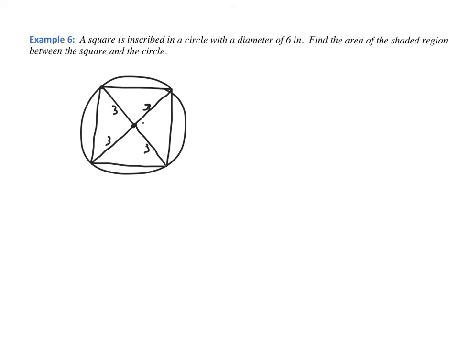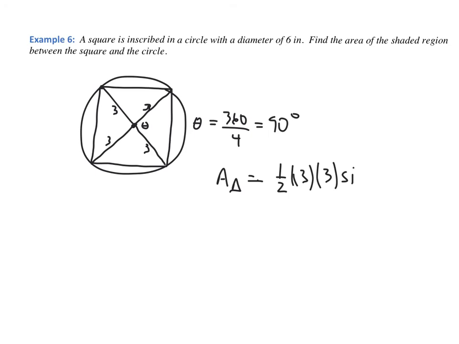What is our theta here? It's going to be 360 divided by 4. So theta is equal to 360 split into 4 triangles, which is 90 degrees. So now the area of the triangles is 1/2 times 3 times 3 times sine of 90. And we all know that sine of 90 is 1.